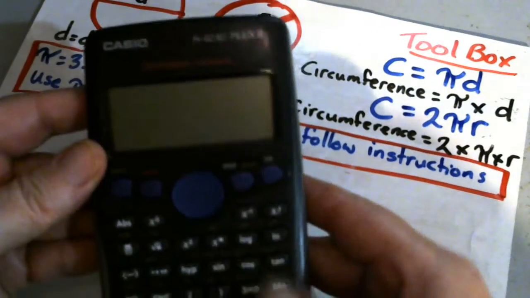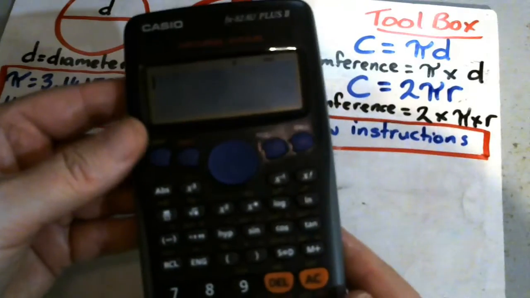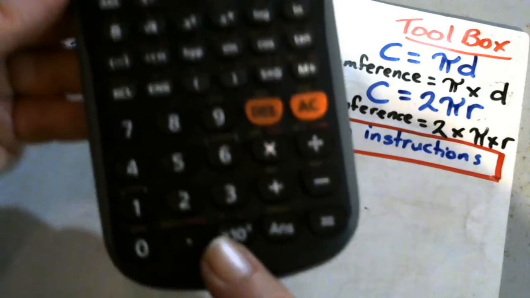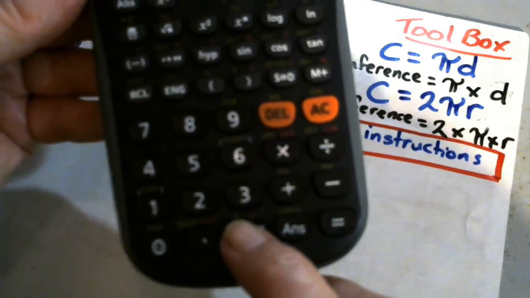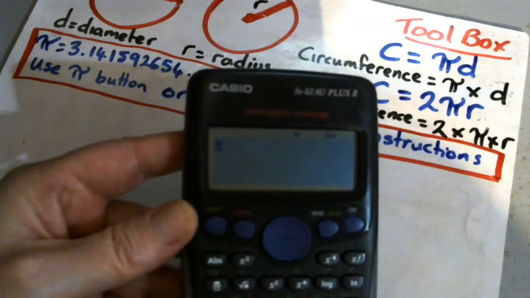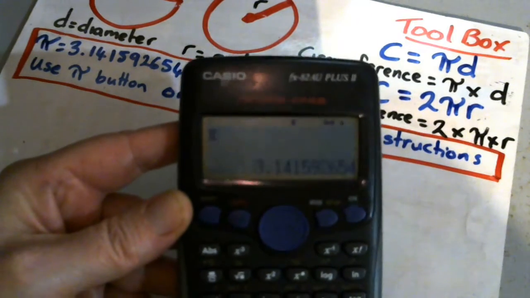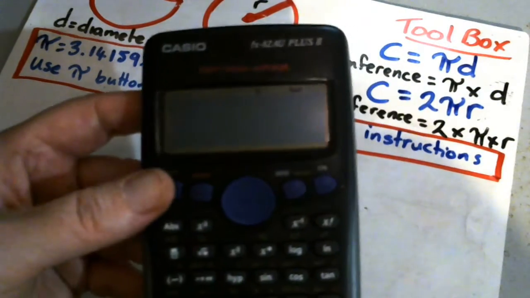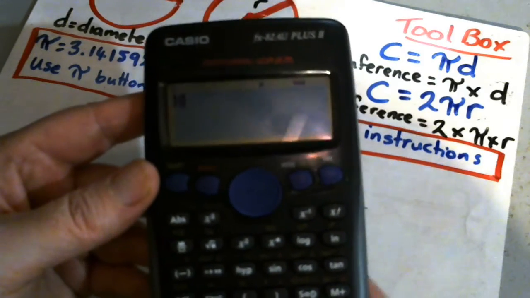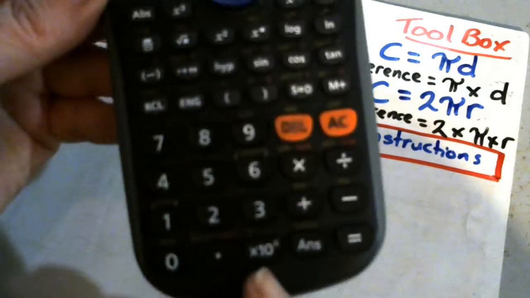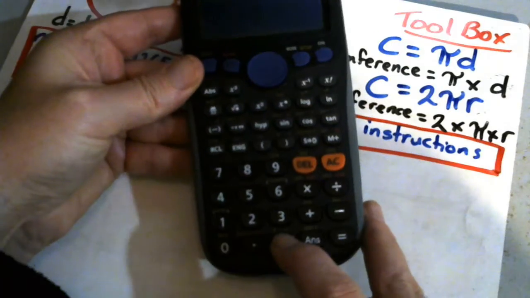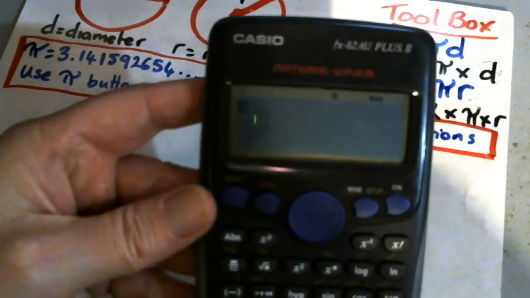You need to press shift, and down the bottom here, at this button here, is a times 10, and that's pi. If I press equals, it gives me the value. So just to show you again, it's shift and the times 10 button. Shift 10 gives me pi.